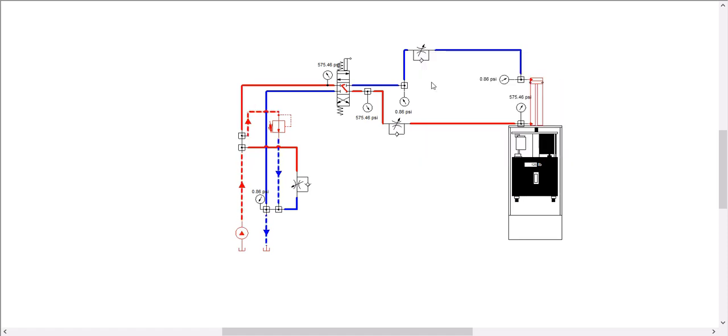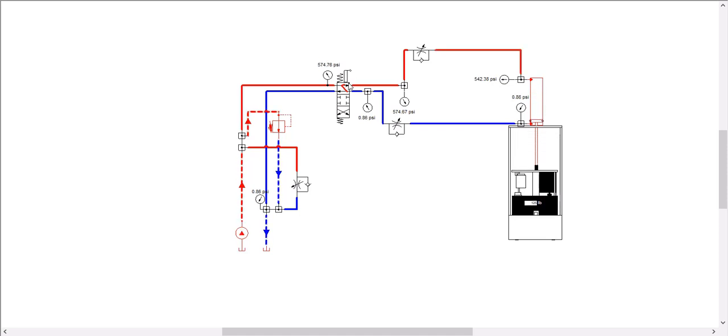Notice the pressure differential between the gauges on the inlet and outlet ports of the flow control valve and the cylinder.